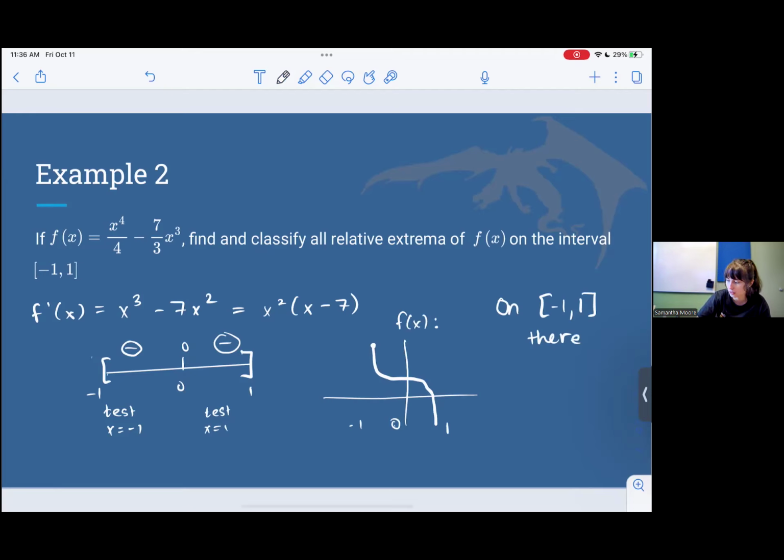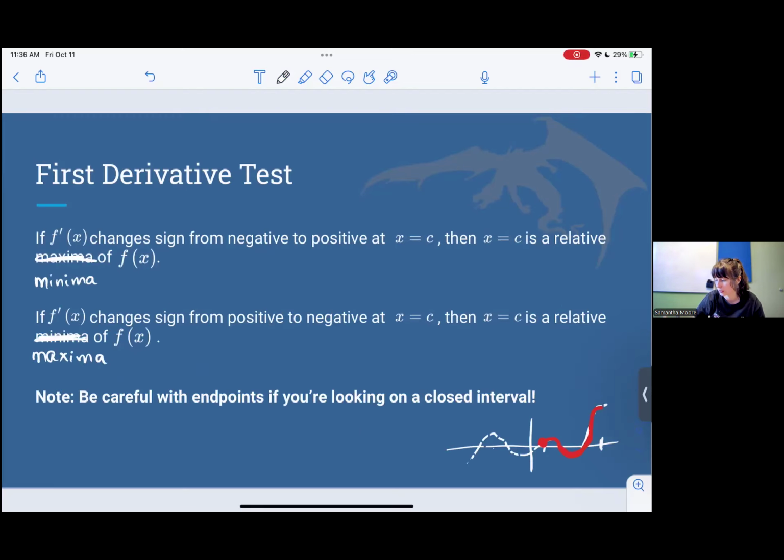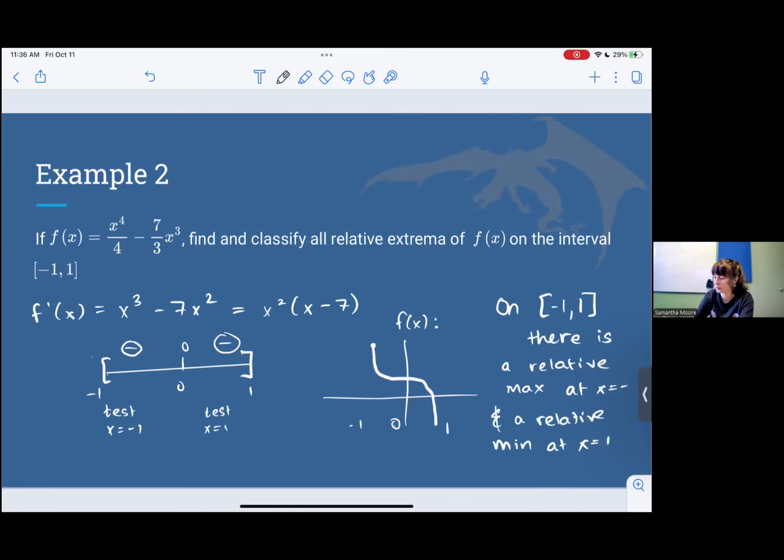So there is going to be a relative max when we started, at x equals -1, so that's going to be the highest point in our graph, and a relative minimum at x equals +1.